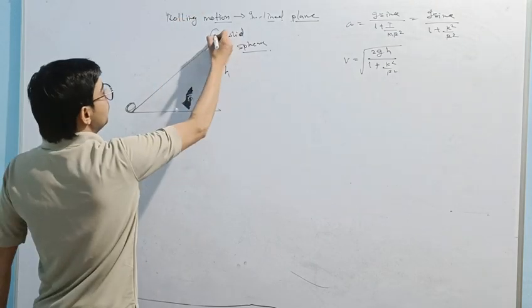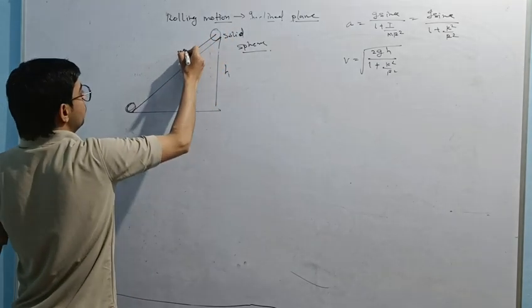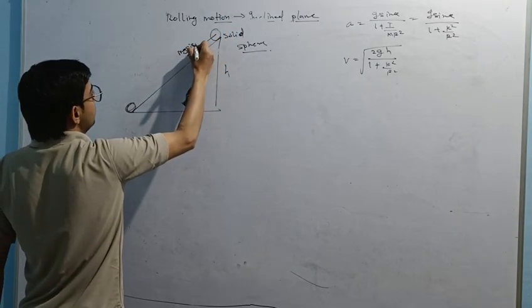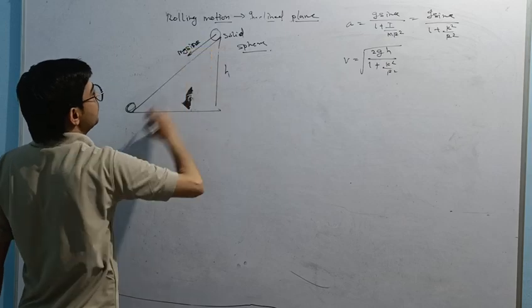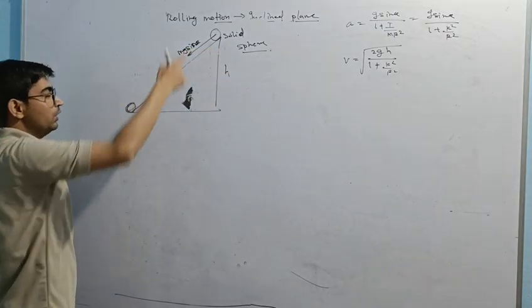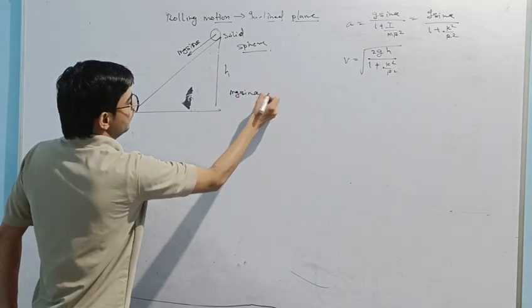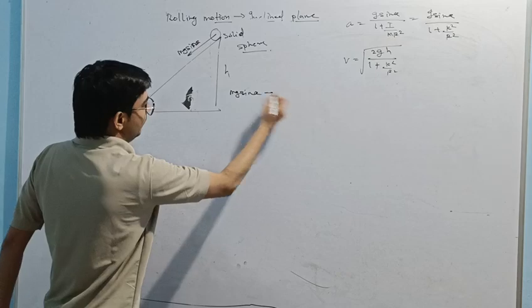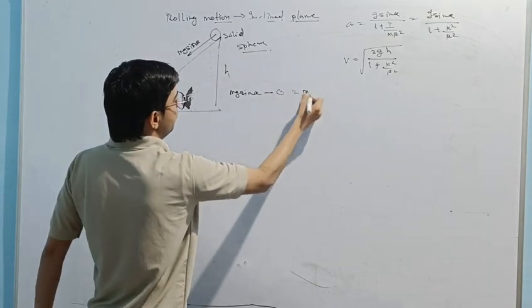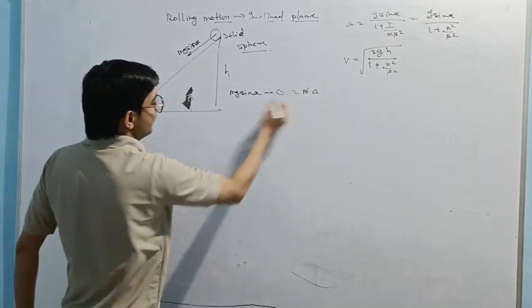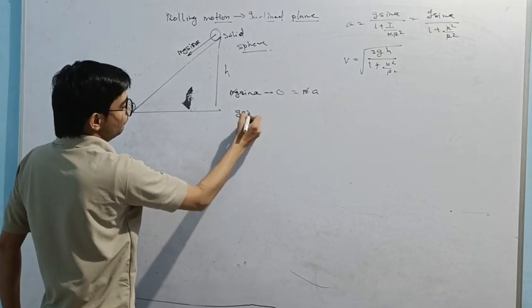For sliding, the only force responsible for the acceleration is mg sin theta. So mg sin theta minus nothing is equal to m a, m cancels out. So g sin theta is equal to a.